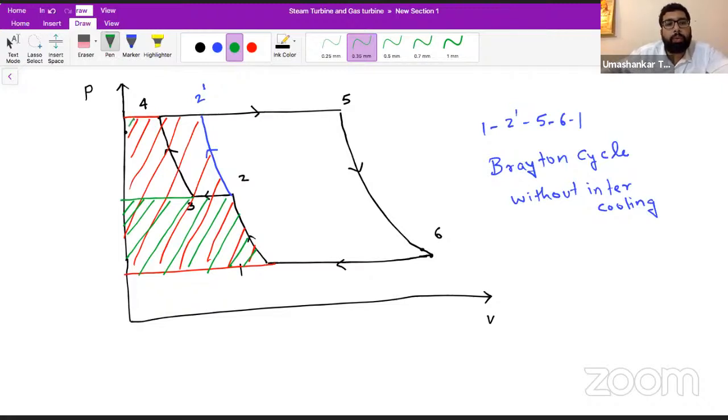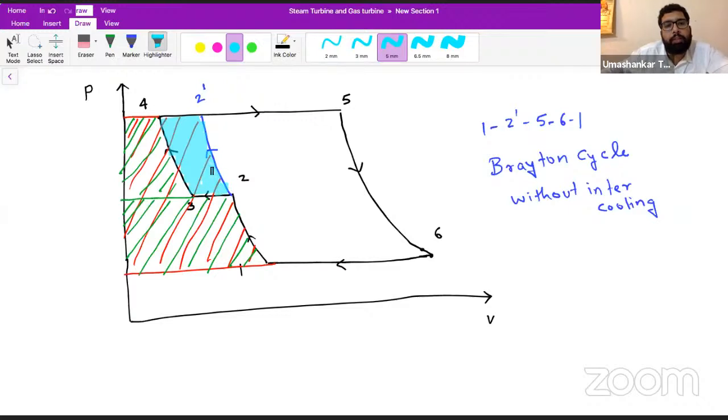And from 3 to 4, this much work will be required. So can you understand that we have saved this highlighted region? We have saved this amount of work while compressing in two stages, with the use of intercooler.